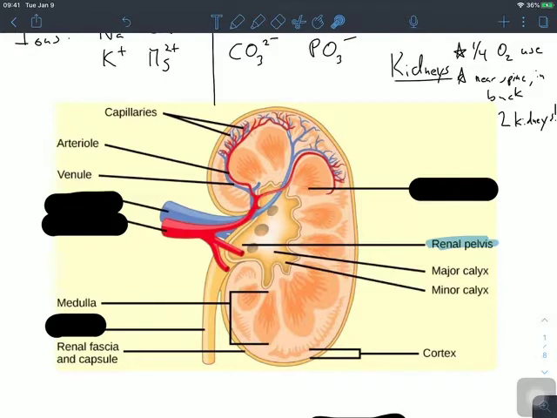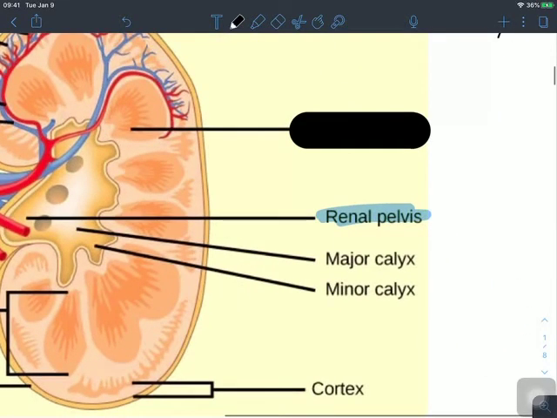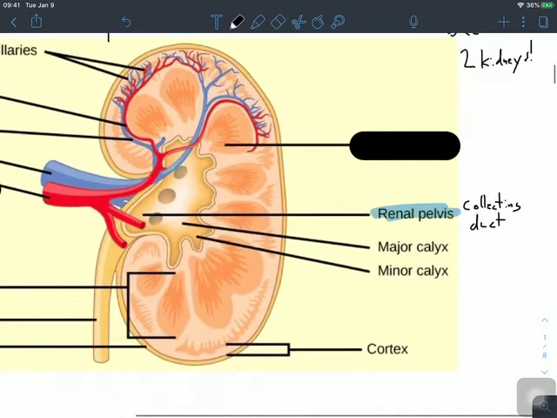So, as to the things that you need to know, the first is the renal pelvis, this giant collecting duct for the filtrate. It is a soft, flexible tissue, kind of like a blood vessel, but rather than carrying blood, it is always just carrying processed filtrate.